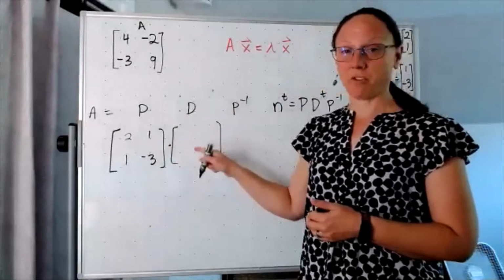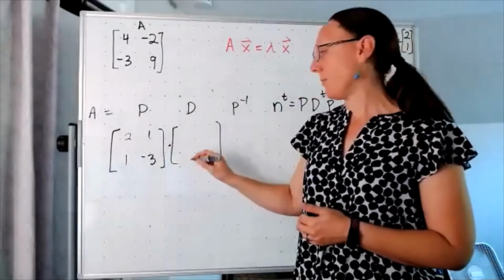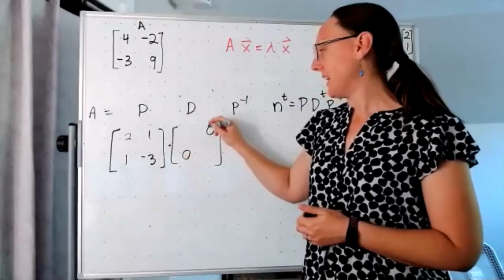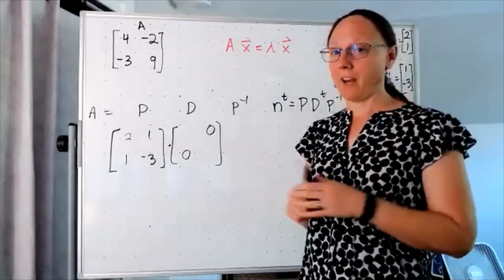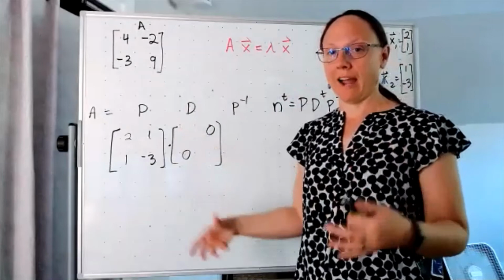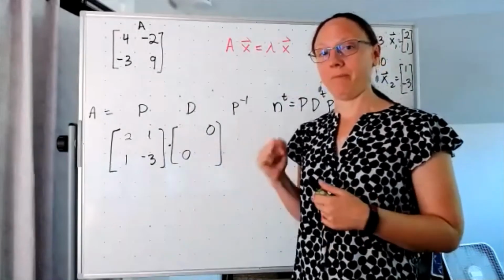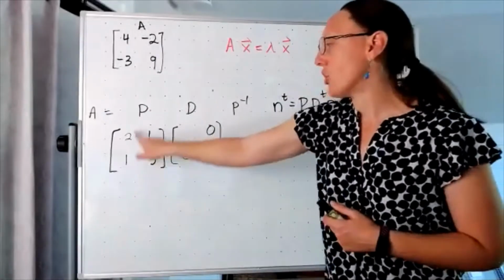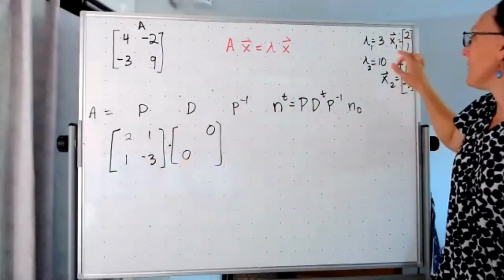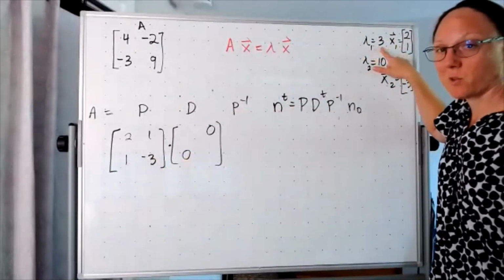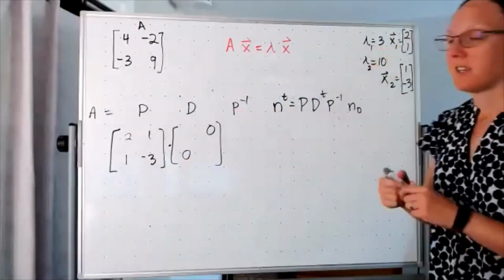So our D matrix is going to be a matrix that kind of looks like the identity matrix, but on the diagonal, we're going to put our eigenvalues instead of 1. Because I made (2, 1) my first column in the matrix, the eigenvalue that goes with it has to go first.